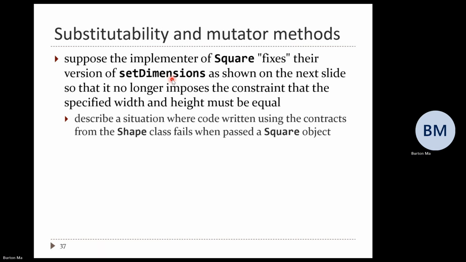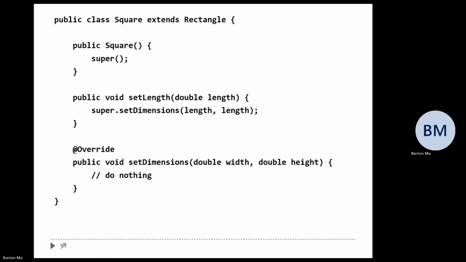Okay, so can we fix Square at all? We're going to try to fix Square one more time. Now set dimensions does nothing, and the creator of the Square class says, look, to change the size of the square, don't use set dimensions, use set length instead. So set length is now a new method, and everything about preconditions and postconditions goes out the window, because they no longer apply.